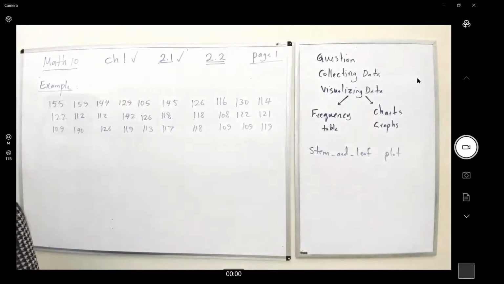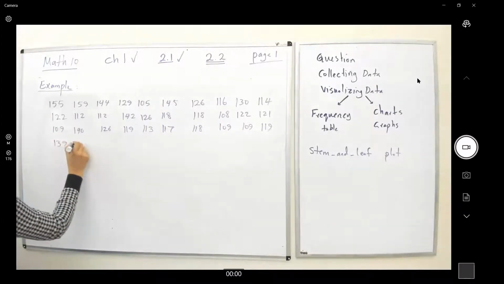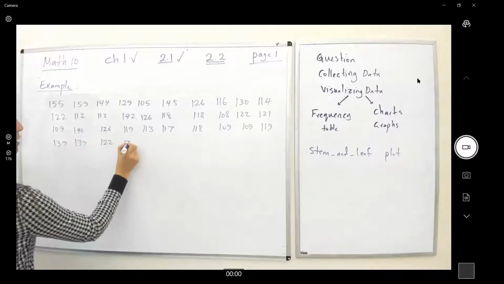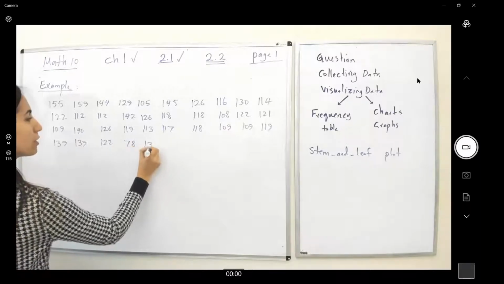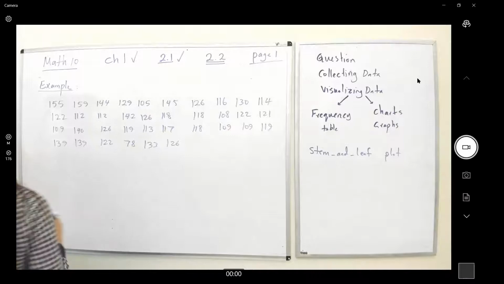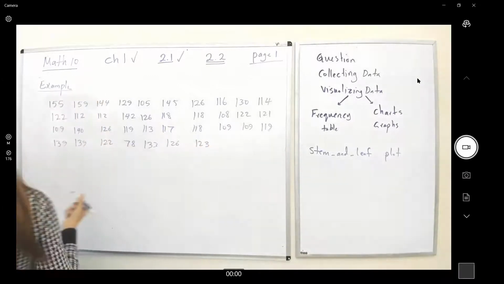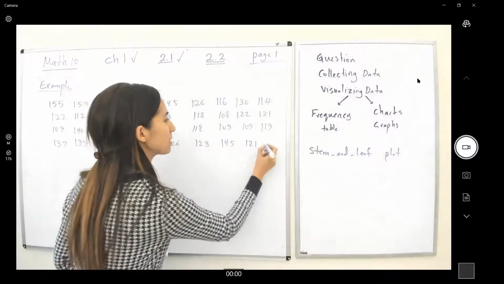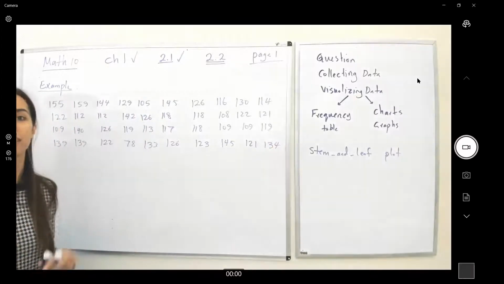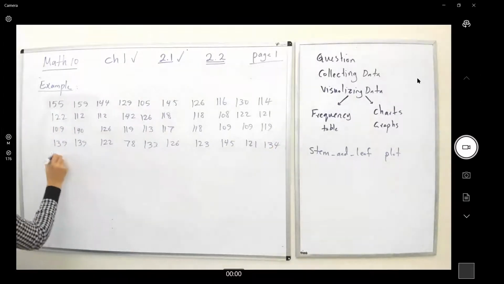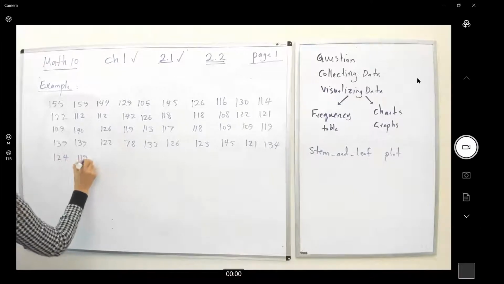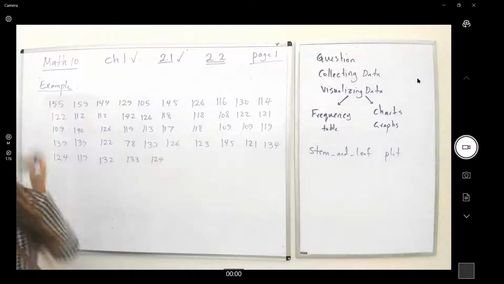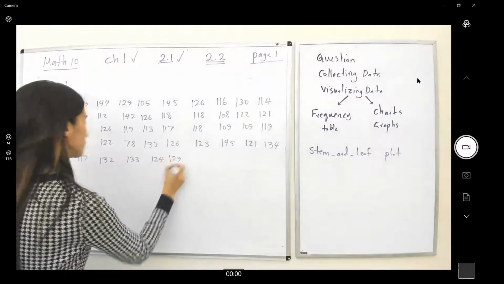Let us move on to the fourth row. 139, 139, 122, 78, 133, 126. What else do we have? 123. We have a lot of numbers here. 145, 121, and 134. And finally, let's get to the last row, which is 124, 119, 132, 133, 124, 129.